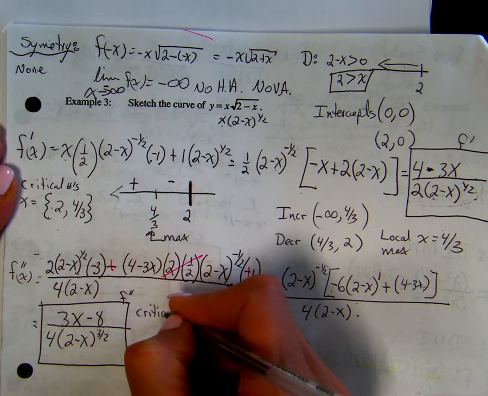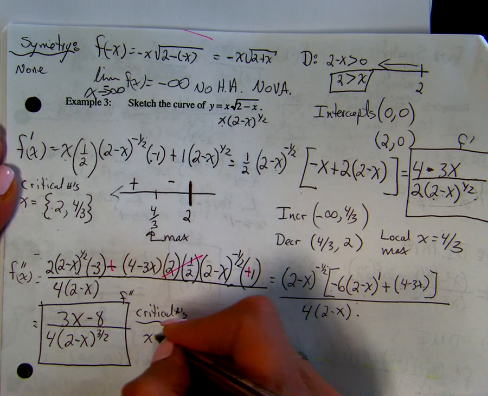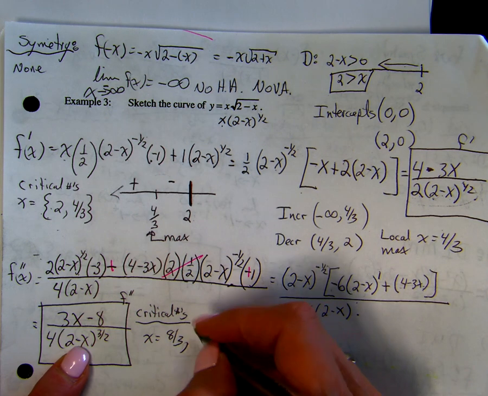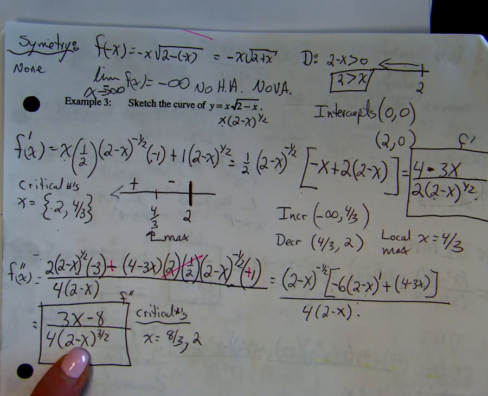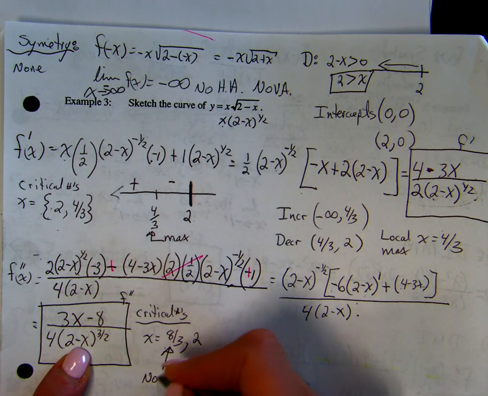Okay, so what are my critical numbers here? Well, they would be x is equal to 8/3 and x is equal to 2. Is 8/3 in the domain of the function? No. So not in domain.